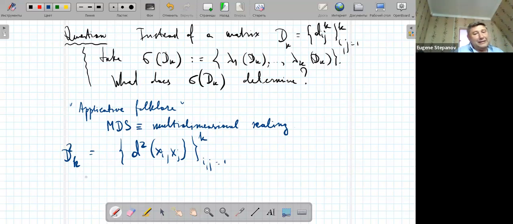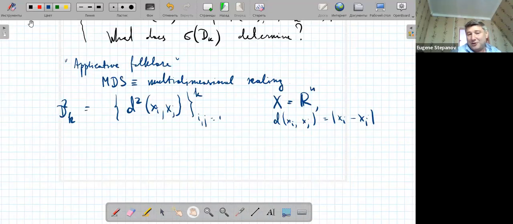Of course, if your points are in a Euclidean space, that is, let's say your X is just Rn and your distance is just the Euclidean distance, the modulus of xi minus xj, then there is a theorem which justifies this multidimensional scaling.